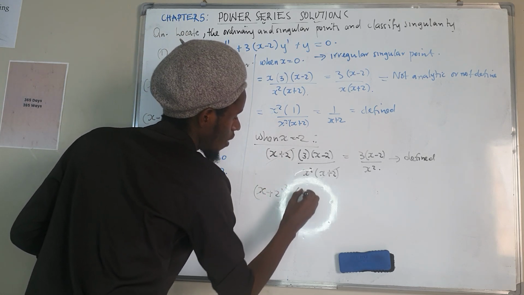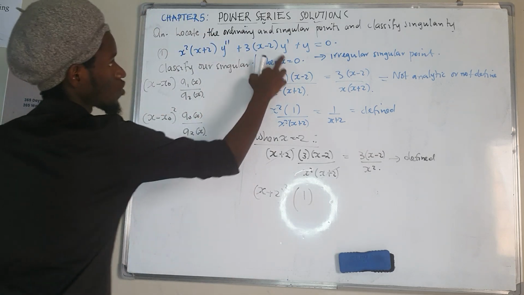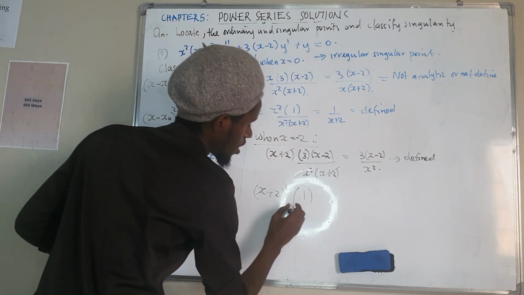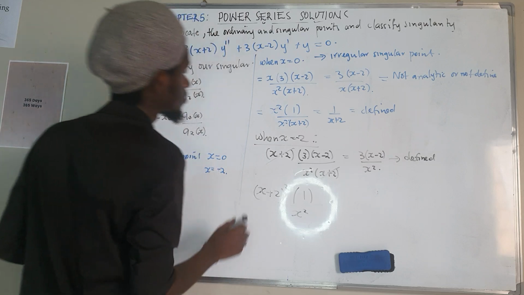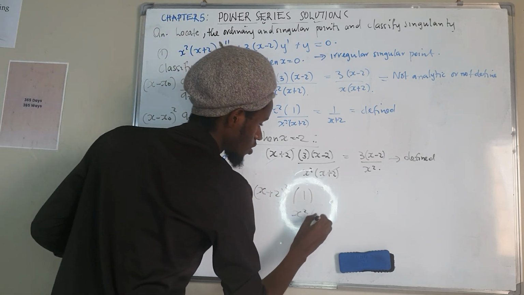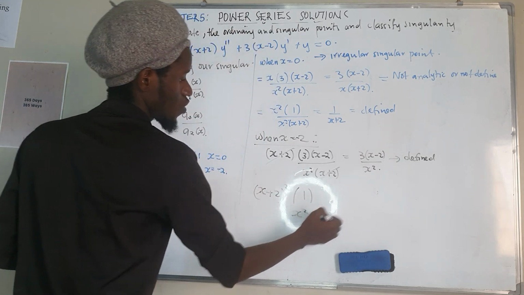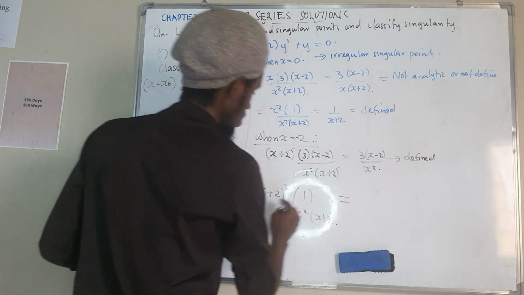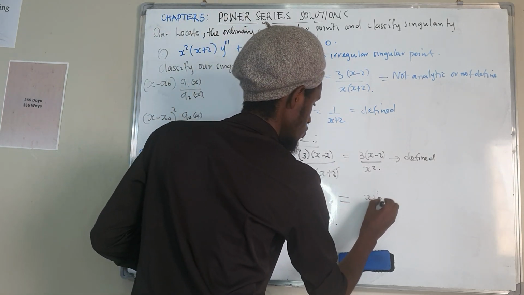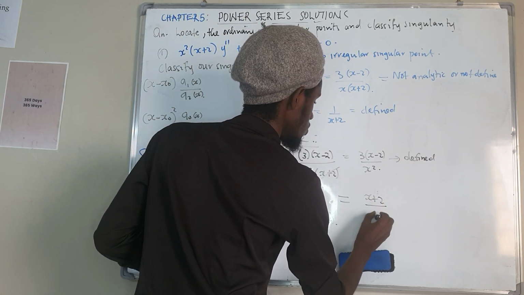Our a naught is 1 from here, over x squared into x plus 2 again. Then one cancels with one, and I remain with x plus 2 out of x squared again.